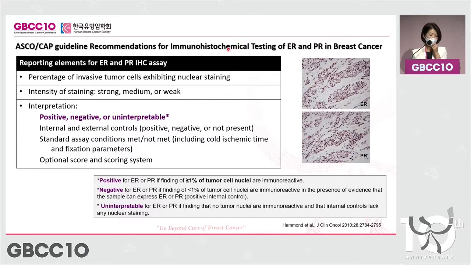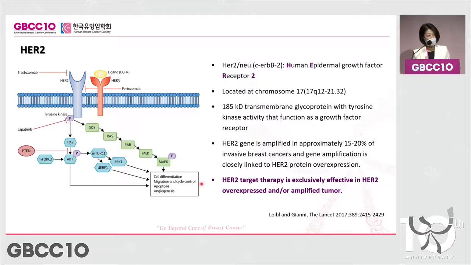So for antigen, antibody complexation, we'll be able to identify these areas. For example, the brown areas are the ones where it is actually being expressed. So if it is above 1%, then it means that it is positive.